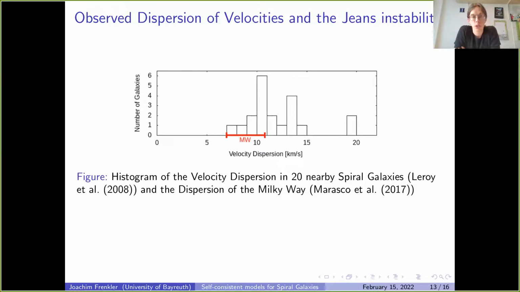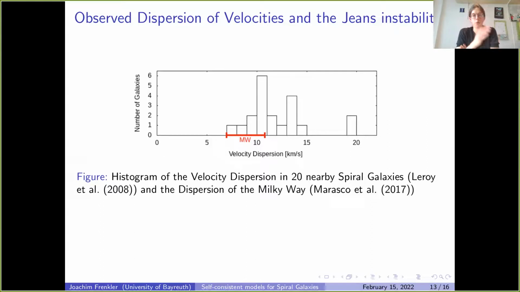And this is quite a typical value for spiral galaxies. I show you here a histogram of the velocity dispersion in 20 nearby spiral galaxies. This is a sample that was studied by Leroy et al. in 2008.